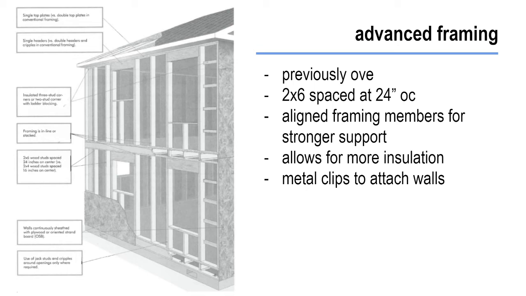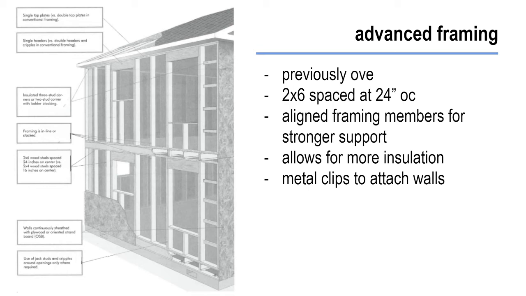Advanced framing also uses aligned framing members to provide greater strength, so all of our studs would be aligned with each other as we're going. So that way some of those additional framing members can be eliminated and we can have that bigger spacing.